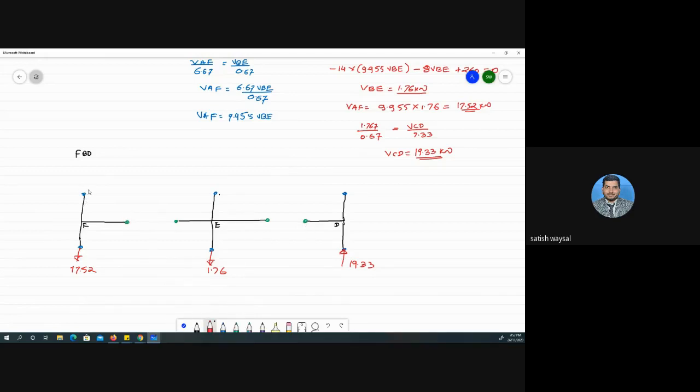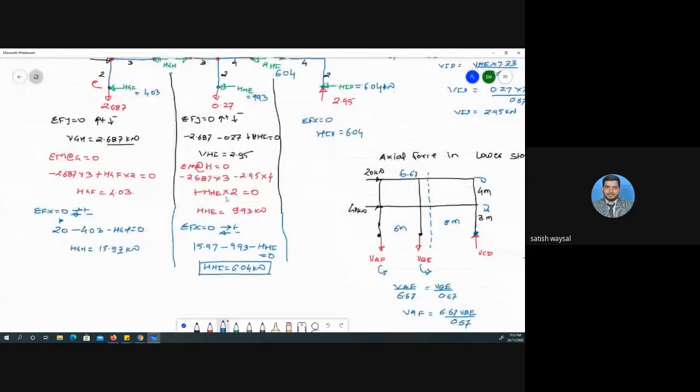First we'll write down the forces which are coming from the upper story. Those are acting downward, that will be shown upward. Likewise, forces will be coming from the upper story, and we have determined these forces.